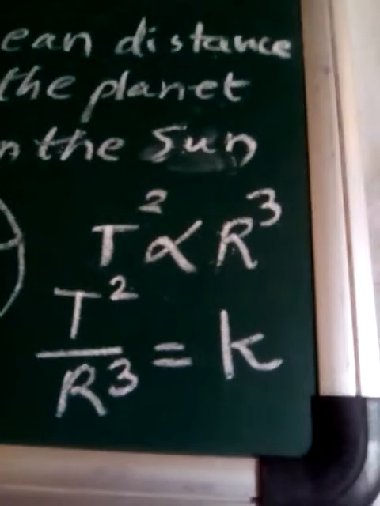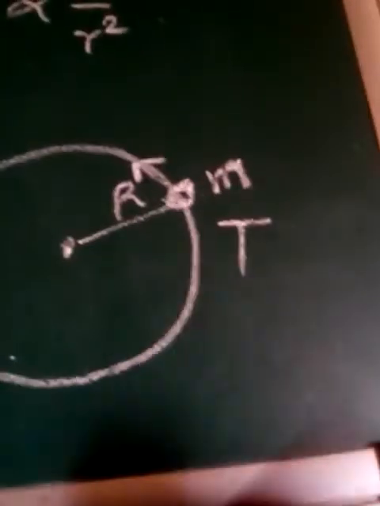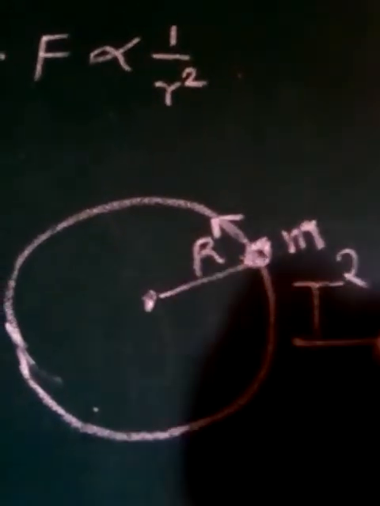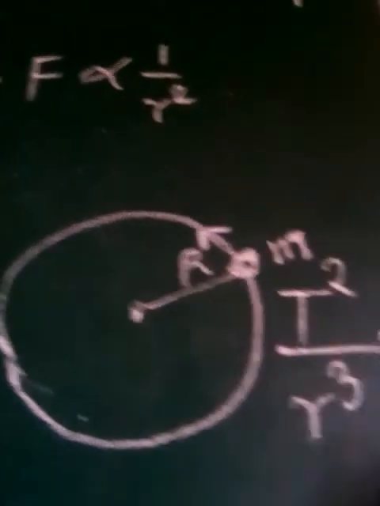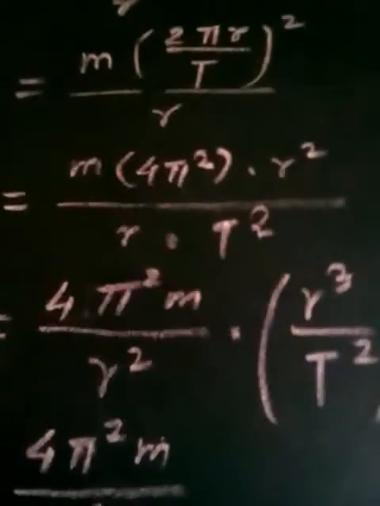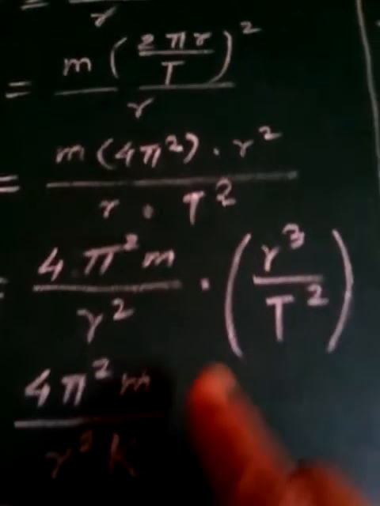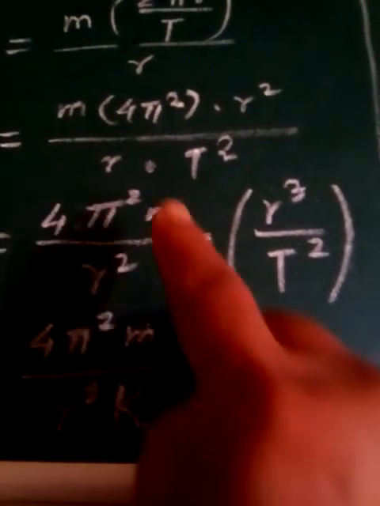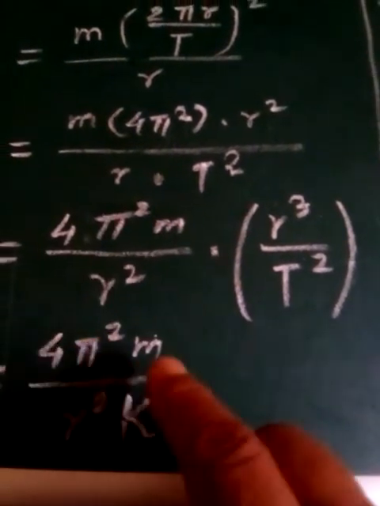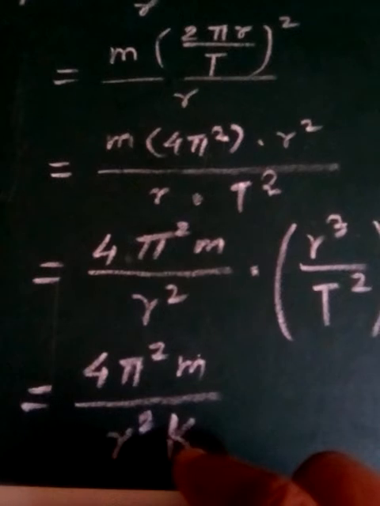Here T is the period of revolution, and according to Kepler's third law, T square upon r cube is k. So obviously this r cube upon T square is 1 upon k. So I put that k over here. Everything else remains the same: 4 pi square m upon r square k.